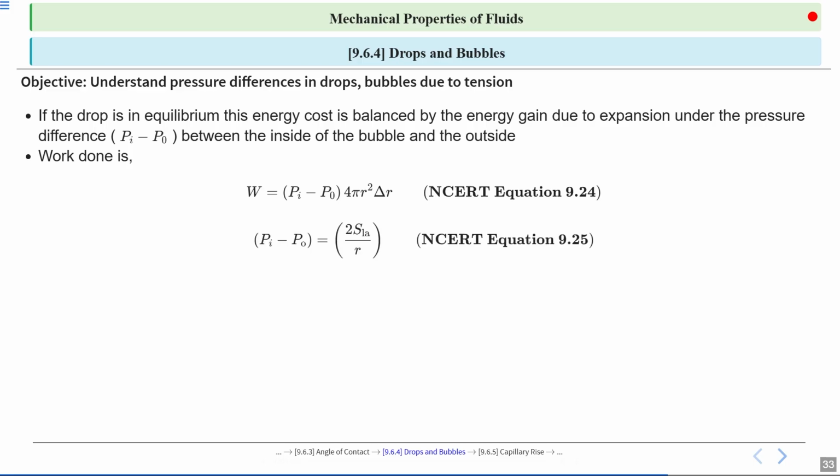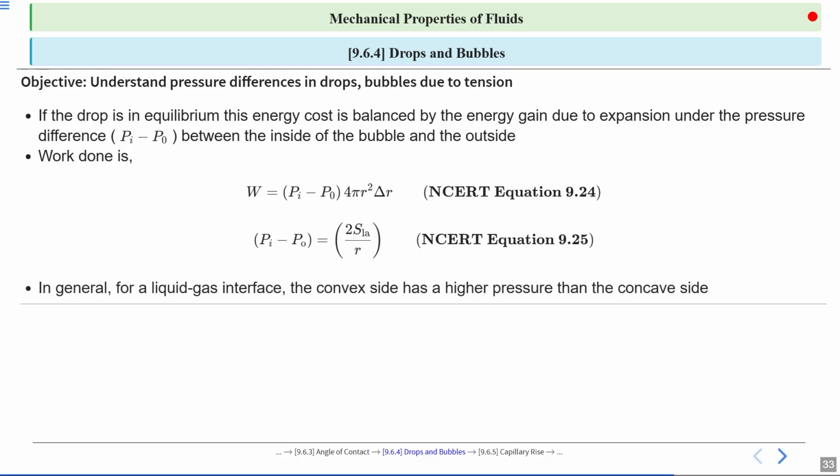Pi minus P naught is equal to 2 SLA divided by r. In general, for a liquid-gas interface, the convex side has a higher pressure than the concave side. Remember, surface tension always tries to minimize the surface area, leading to these pressure differences.